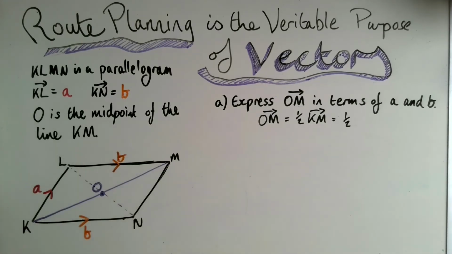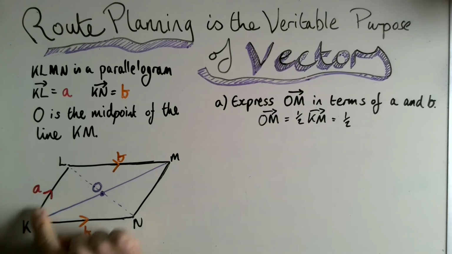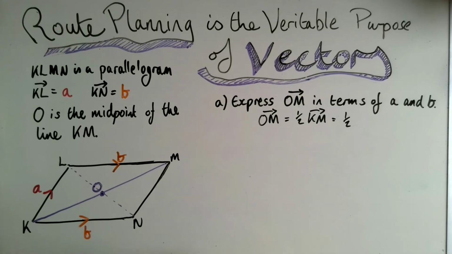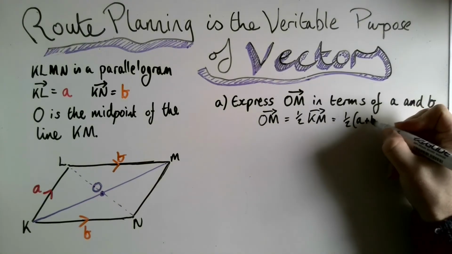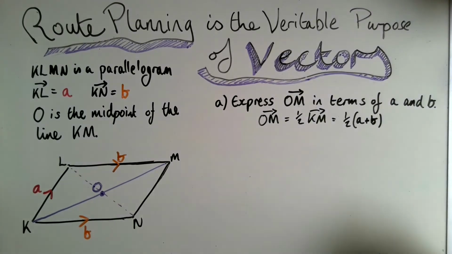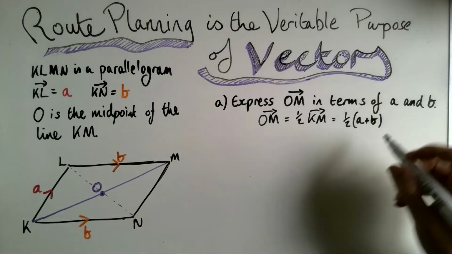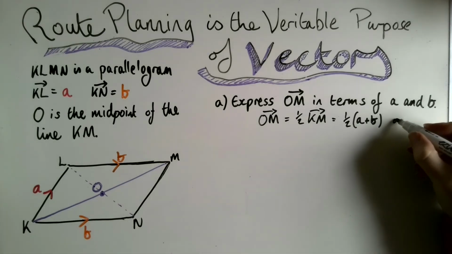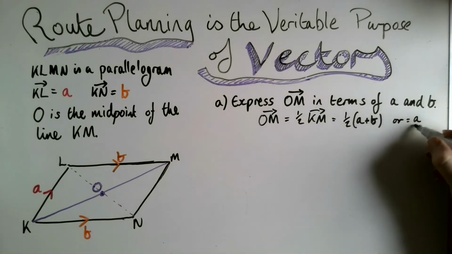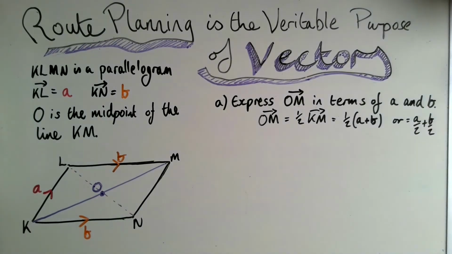Remember, you can write on your diagrams as you go. So I just go up A across B. So it's a half of A plus B. So if it's a half of that, O to M is just going to be that, isn't it? You can leave it as that, or you can say A over 2 plus B over 2, or a half A plus a half B, whatever rocks your boat there.